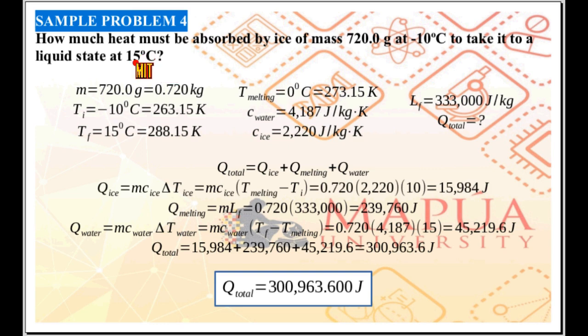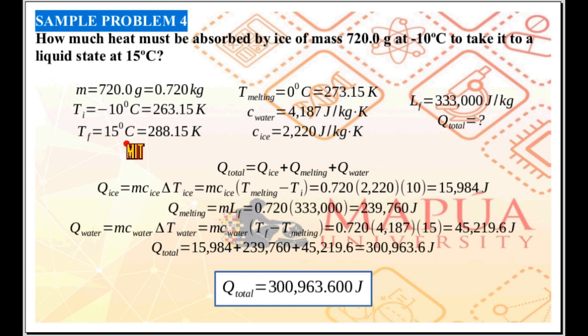Final state is 15 degrees Celsius, so we are not yet at the final state. So we continue adding heat to the melted ice, to the water. That will increase the temperature of the water. It will increase from 0 degrees Celsius to the final state. The temperature will increase until we reach the final temperature, 15 degrees Celsius.